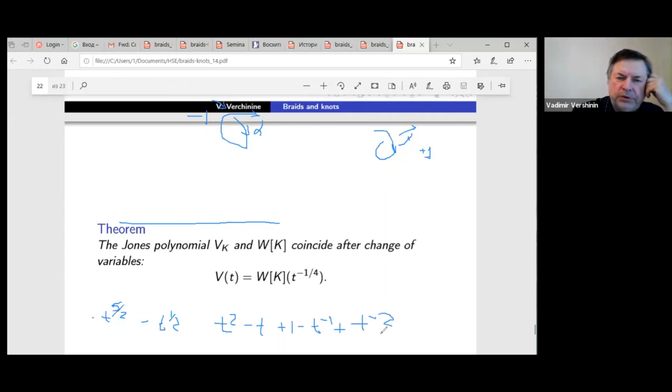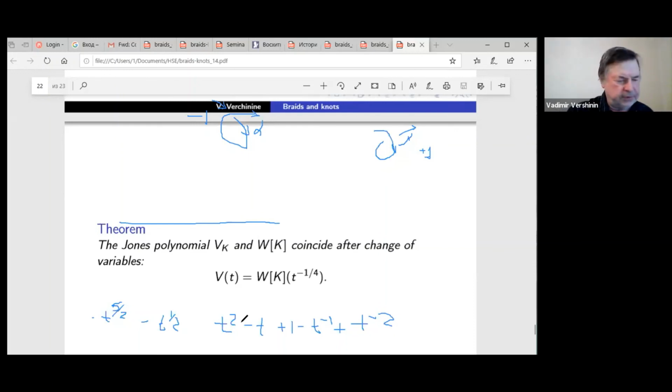You see, we saw that figure 8 is amphichiral. So if you change T to T minus 1, the polynomial is the same. The Jones polynomial is the same.